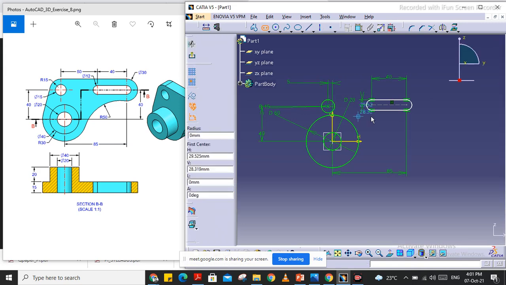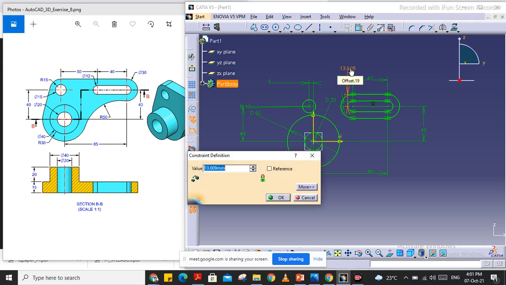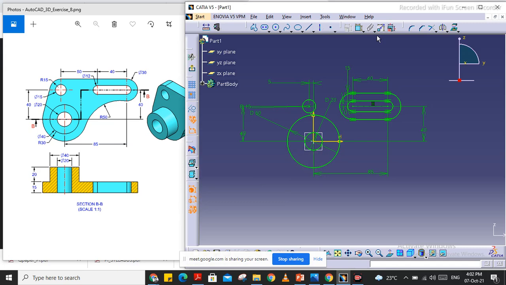So again we will draw another one. Here I need to take the 40 vertical height, and this one has a diameter of 30, that means 15 radius.